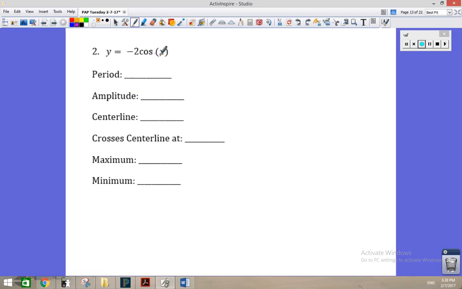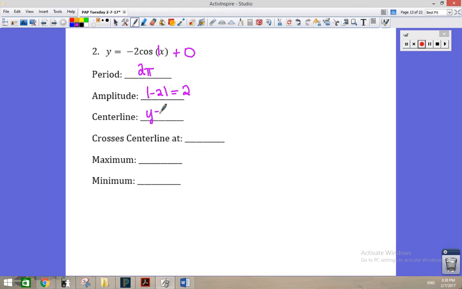On this next one, the coefficient in front of x is 1, so the period is 2 pi. The amplitude and period are always going to be positive. This multiplier is a vertical stretch. Now it's also a reflection. The center line, we haven't added or subtracted, we haven't lifted the graph up or pushed it down.